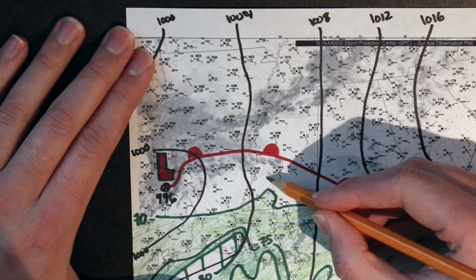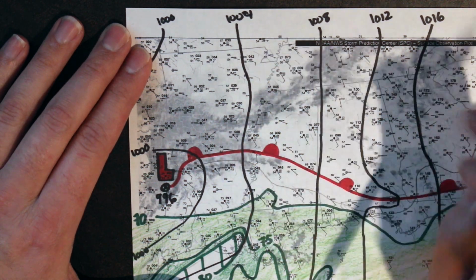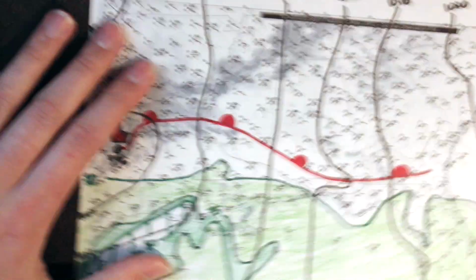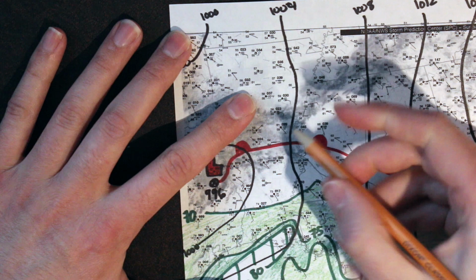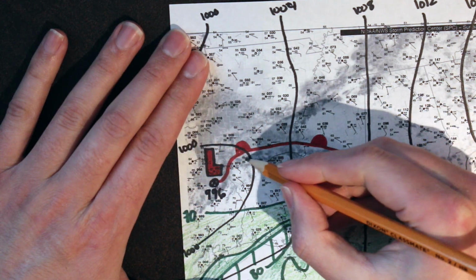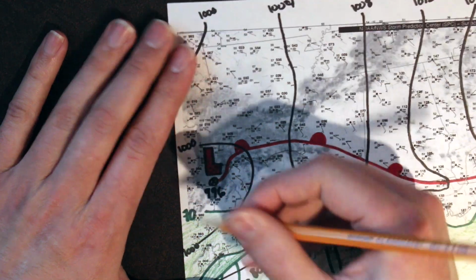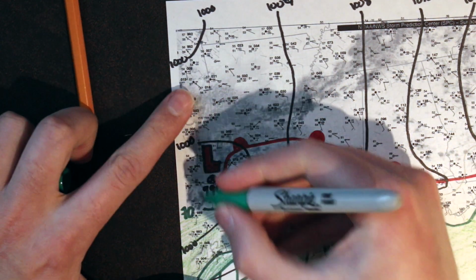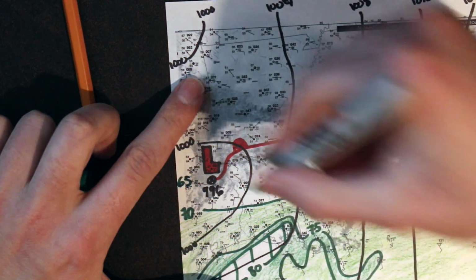Okay. 65 near the low. 67. And then it goes into the low. Okay, so your 65 line would end here, right next to the low.